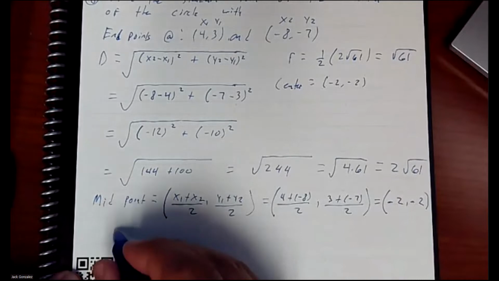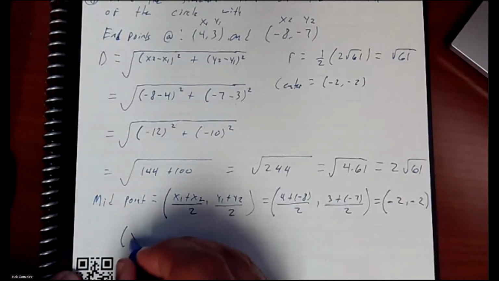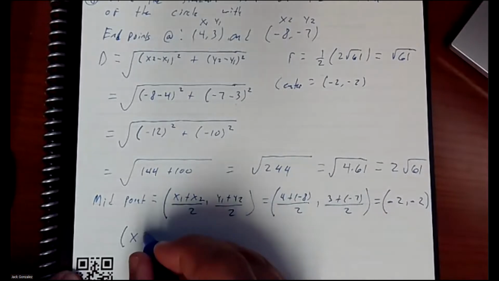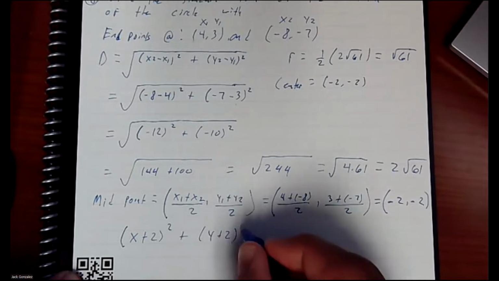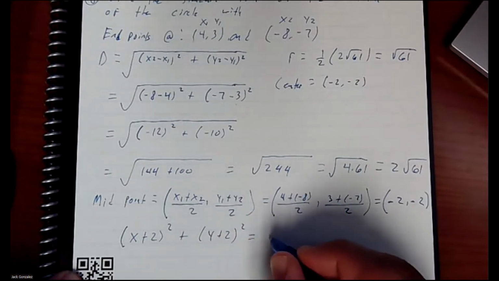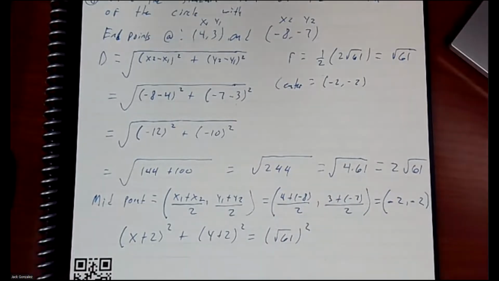So the equation will be x plus 2 plus y plus 2 equal to this squared, radius squared. So you would just put a 61 here.